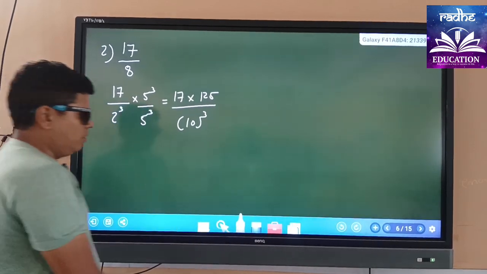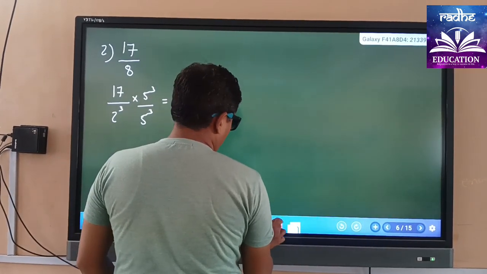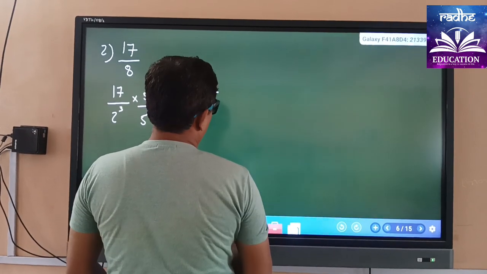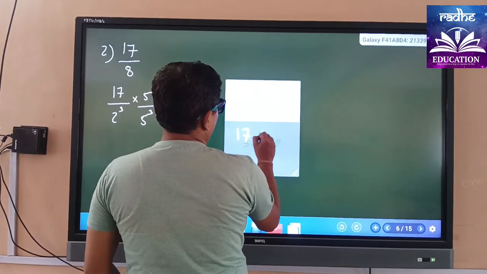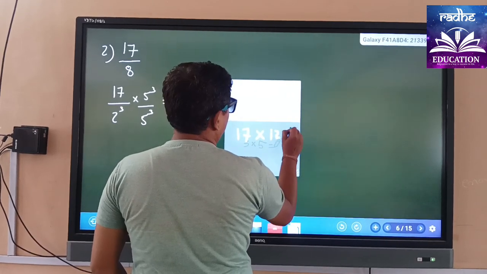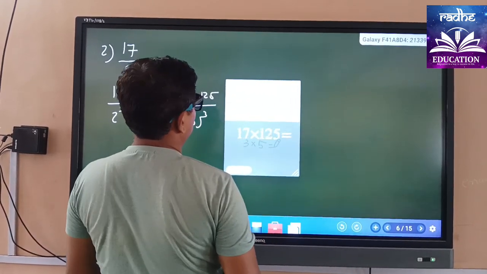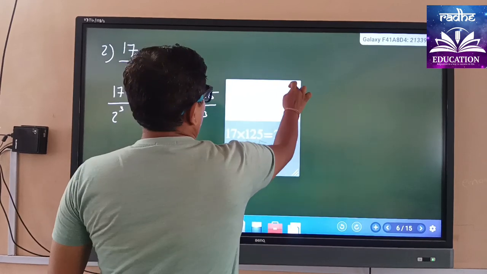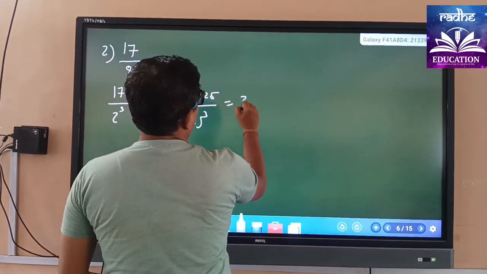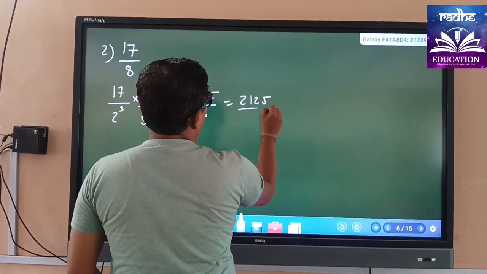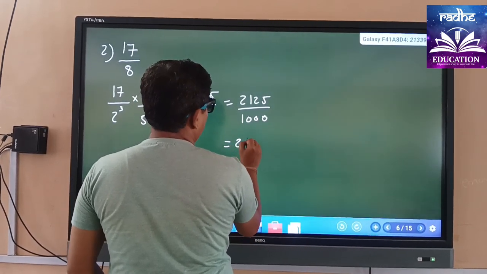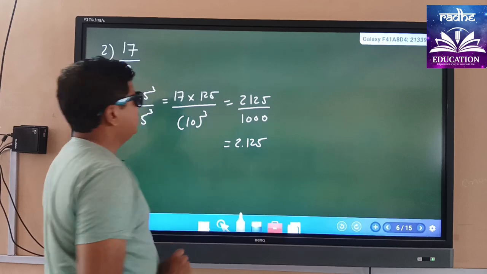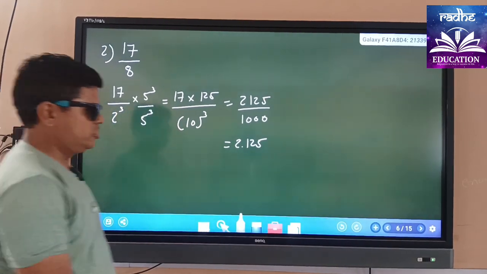We will check the multiplication of 17 into 125: 17 multiplied by 125 equals 2125. 2125 divided by 1000, so the answer will be 2.125. Got it? This is the terminating decimal expansion.